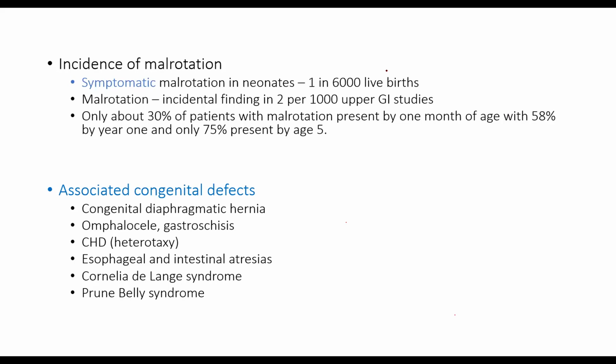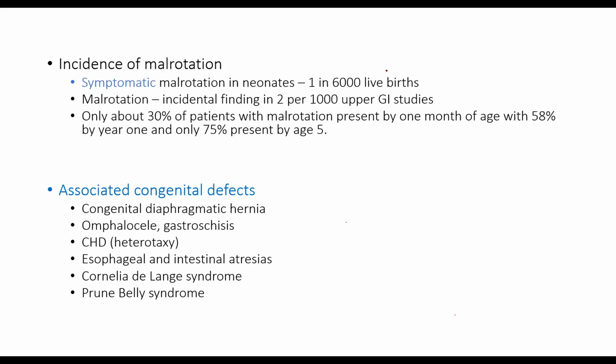The incidence of malrotation in general is 2 per 1,000, but because symptomatic cases are discovered early, that's 1 of every 6,000. Around 30% of patients with malrotation present by 1 month of age, 58% by 1 year, and 75% by 5 years of age.